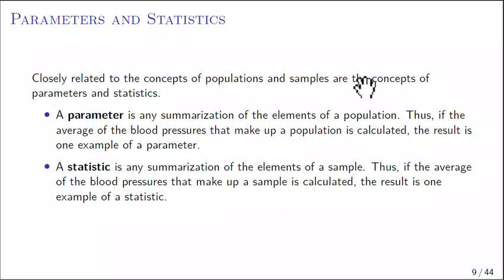Think of the census: the census is the highest level, the most precise numerical facts about the United States. It can only be done once every 10 years, so it costs a lot of money and time. So that's what we mean by parameter.